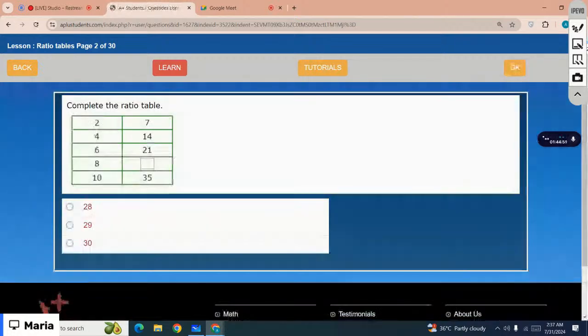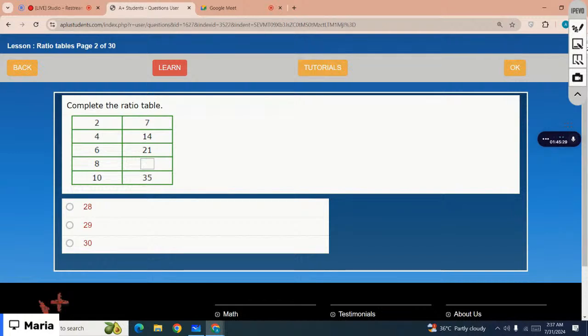Okay, complete the ratio table. So which is the correct option? That is 28, right?